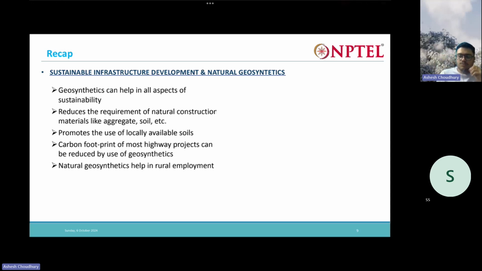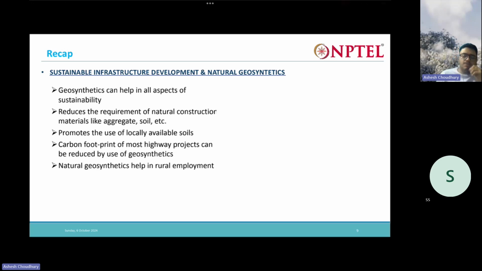So due to that you are making less use of natural aggregates. Then you will be saving more on transportation cost also. So the carbon footprint you are reducing a lot. That is the main benefit of using geosynthetics.